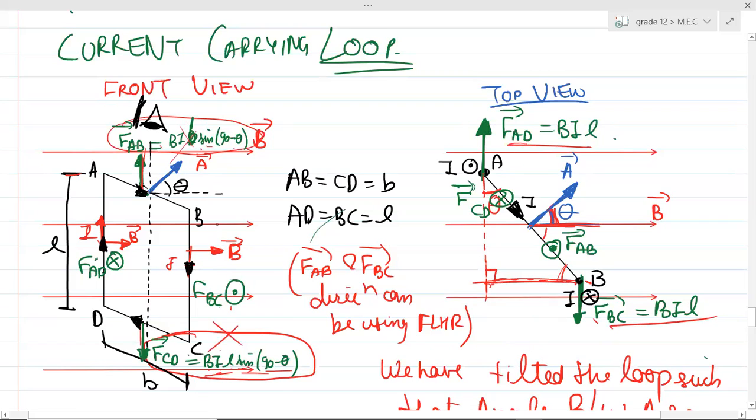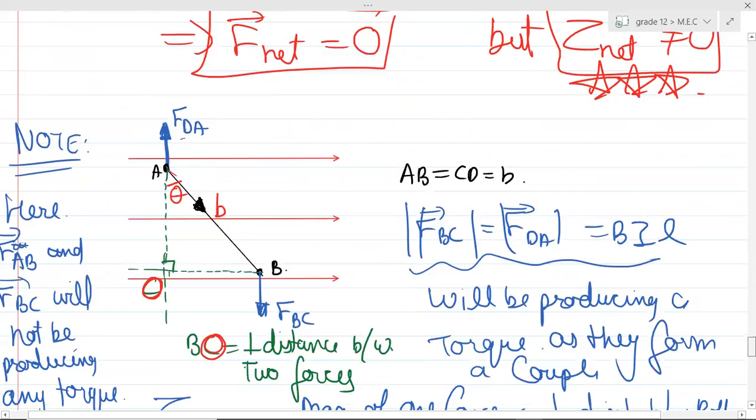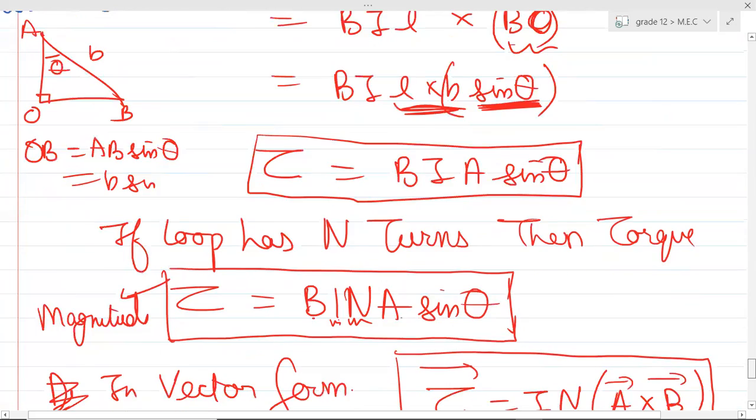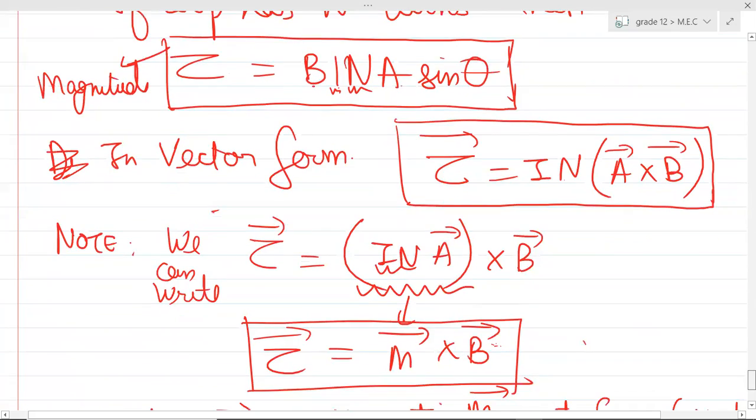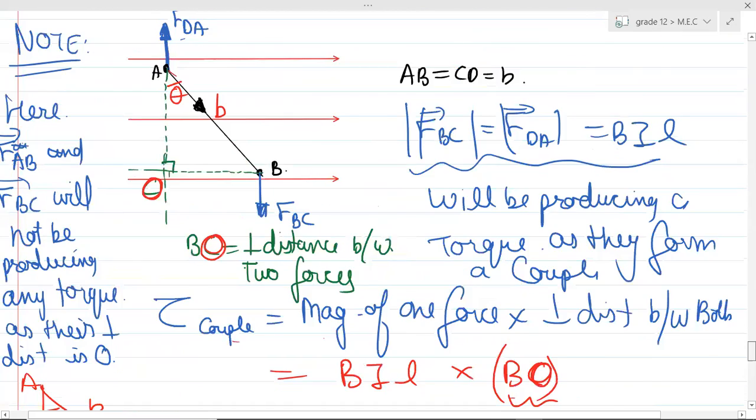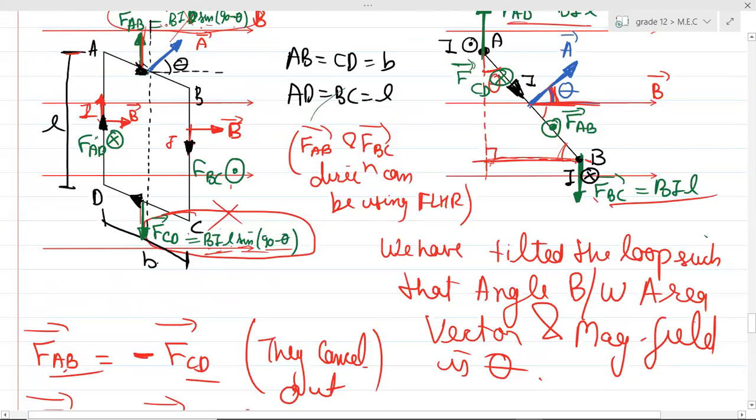That's why the cos component didn't appear. This was your question, right? Why didn't it include cos theta? So the question should be, why didn't we include these two forces? We didn't include them because they didn't have any perpendicular distance between them.